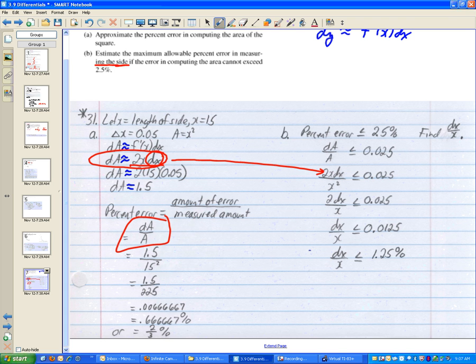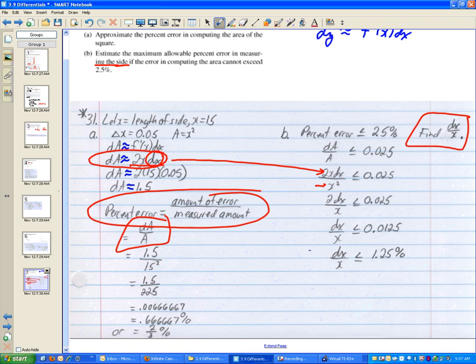And then A is x squared. Now, you see I wrote over here to find dx over x. Well, isn't that the percent? If this is our percent error, wouldn't that be it? The amount of error in measuring x is dx over the measured amount, x. So I'm not solving it for x.